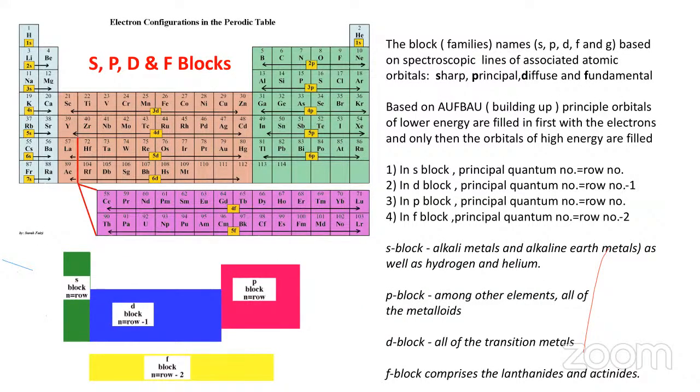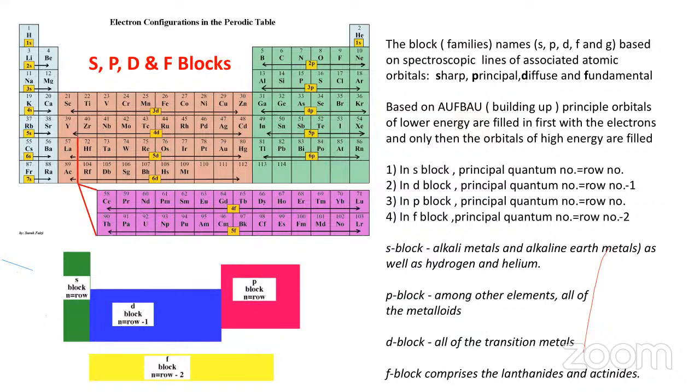More in terms of radioactivity, you have divided it into blocks or families, s, p, d, f, because looking at the spectroscopic lines, they are either sharp, principal, diffuse, or fundamental, so spdf. And we have already discussed how, on the Aufbau principle, the orbitals of lower energies are filled first, and then only the orbitals of high energy are filled.